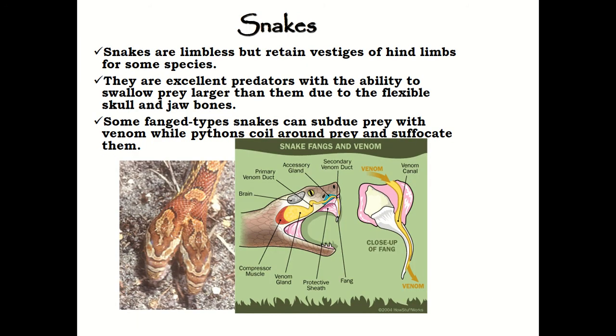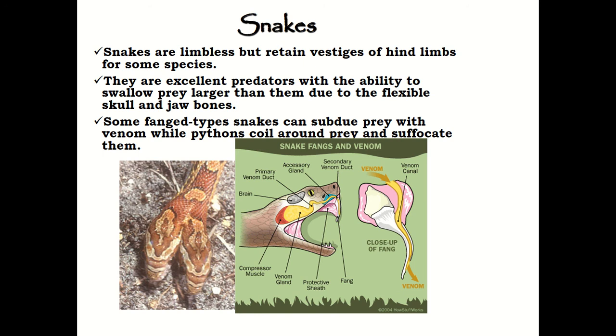Next group of reptiles is snake. Snakes are limbless. They do not have limbs but retain vestiges of hind limbs in some species, and they are excellent predators with the ability to swallow prey larger than themselves.